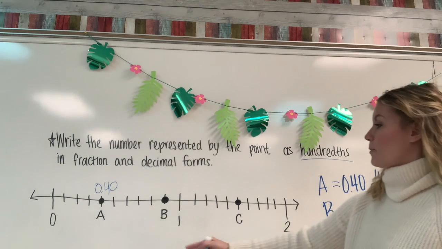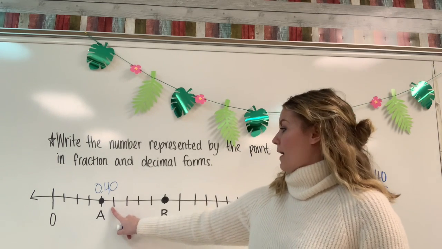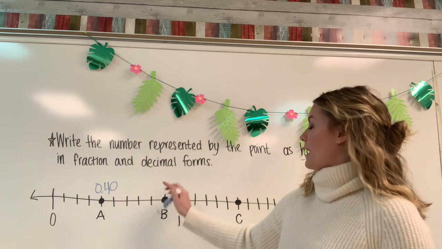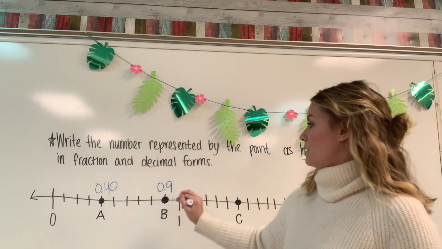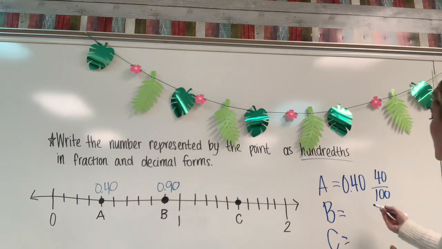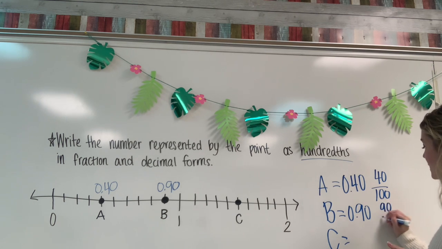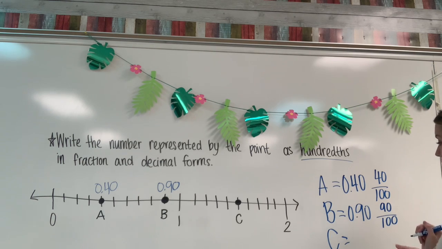Okay, now B, let's just start at 0.4, 5, 6, 7, 8, 9. But we need to make it into hundredths, so we'll add a 0 to the end. There's our decimal form, 90 hundredths. Now the fraction, we'll do 90 over 100.